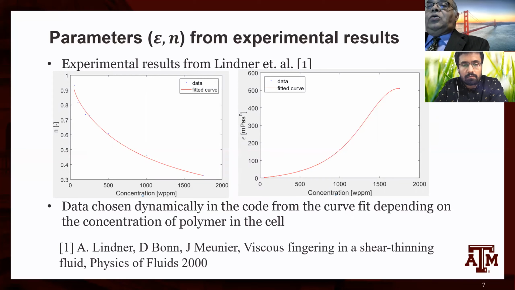We took those data and did a curve fit with regression analysis, which Rohit has done, and he gets this nice curve fit, which gives a continuous function of n and epsilon as a function of concentration. We have used this to calculate these parameters as concentration keeps changing in the flow field and in time. Next we are going to show the simulation results.